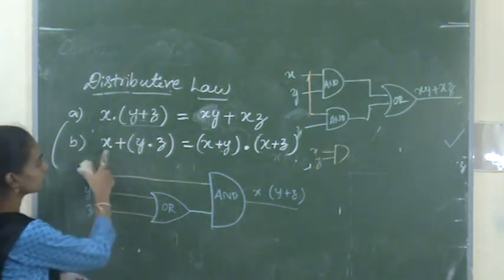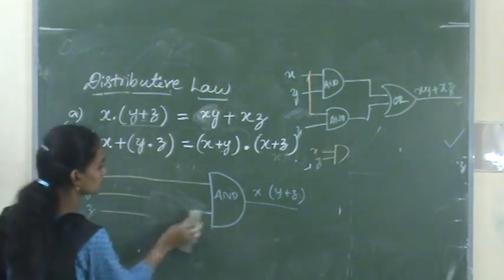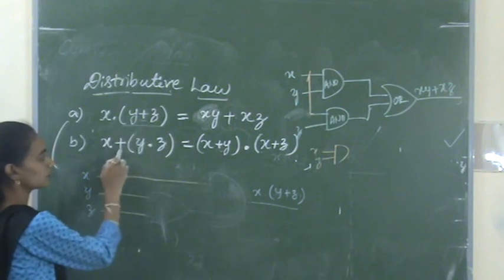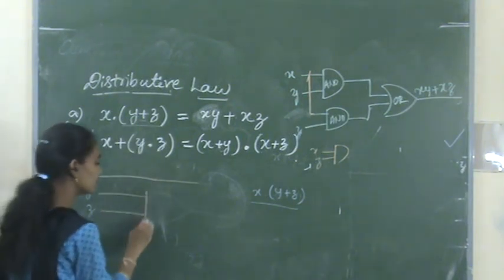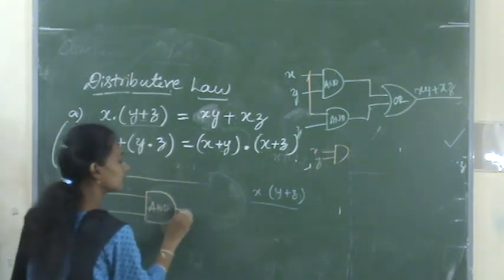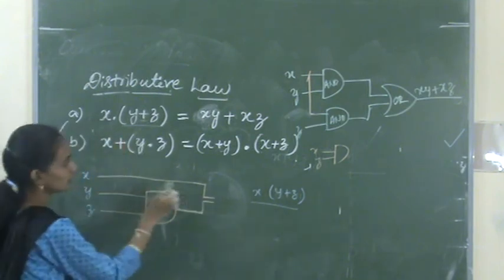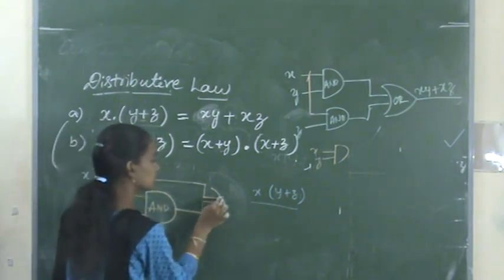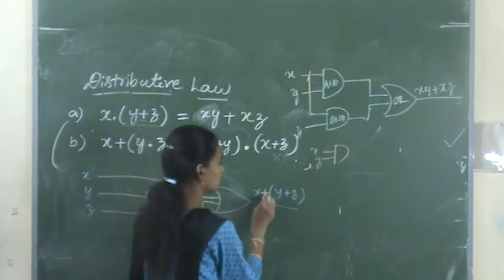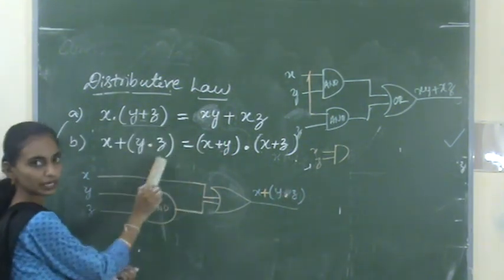So for the same thing we can write this also. Here we are performing x plus yz. So for yz we are performing AND operation. The result of this, right? So that will be performing OR operation, right? So this will be the circuit diagram for this.